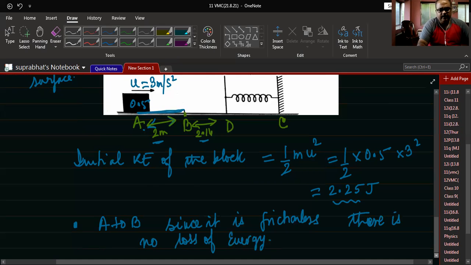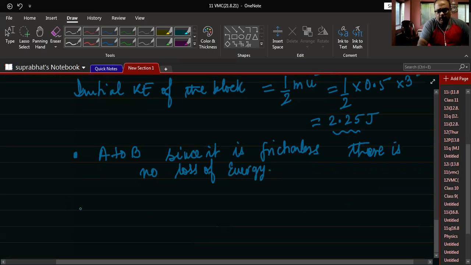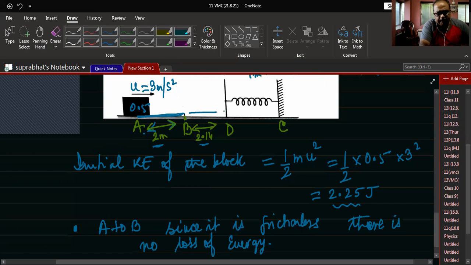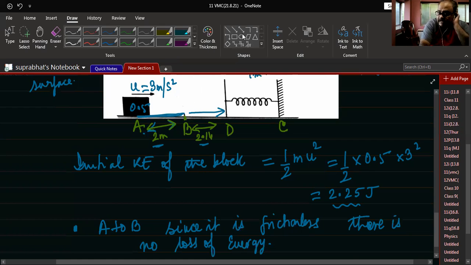The second, you have to understand, is when the block is moving from B to D, that means just before it hits the spring. Say suppose before it is compressing the spring or it is in contact with the spring, something like this. As it is moving from B to D, what will happen?